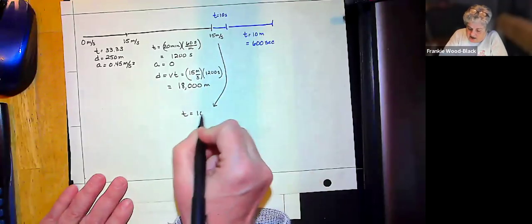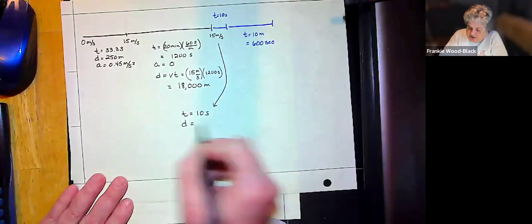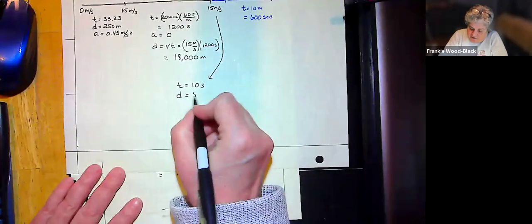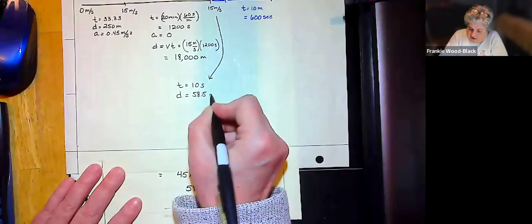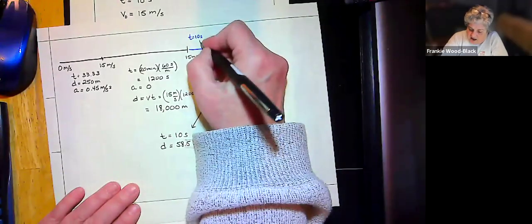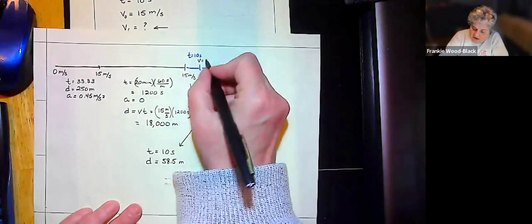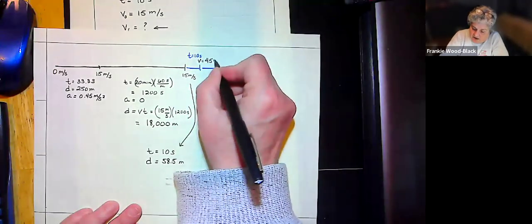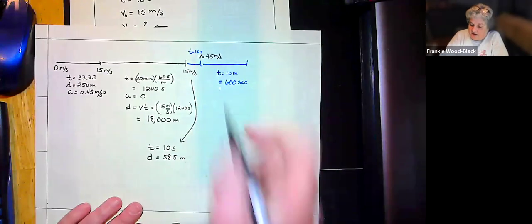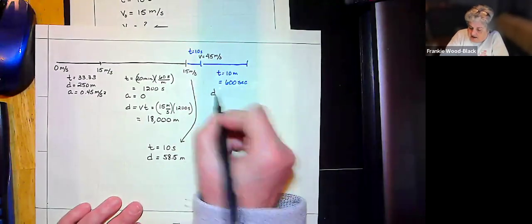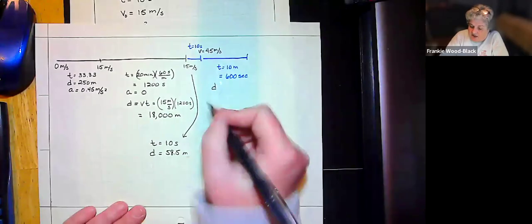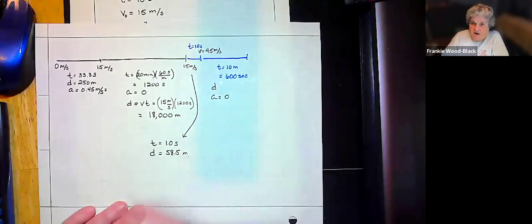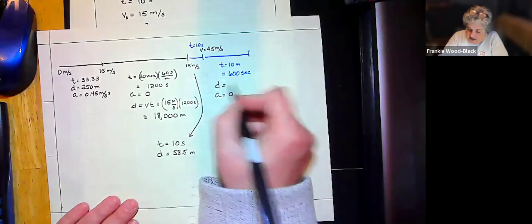So here for this little section, time was equal to 10 seconds. Distance was equal to 58.5 meters. And now our velocity at the start of this part is 45 meters per second. We're going to travel that distance. We don't have an acceleration. The acceleration is equal to 0 here. We're going to get that distance.